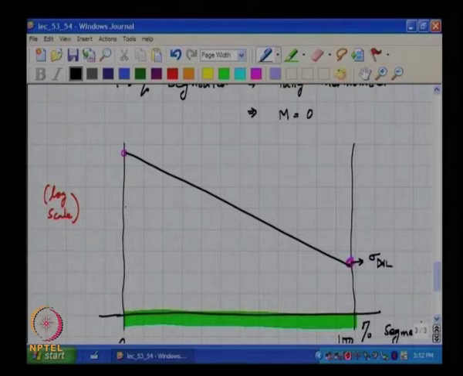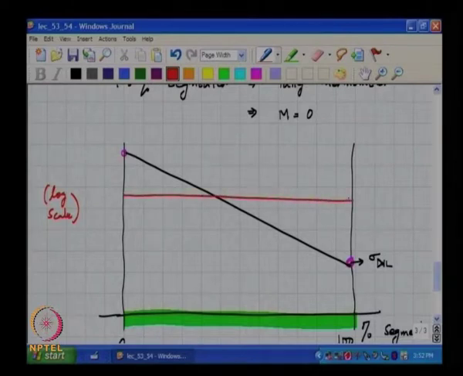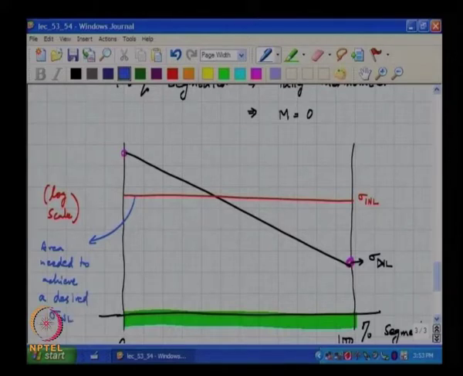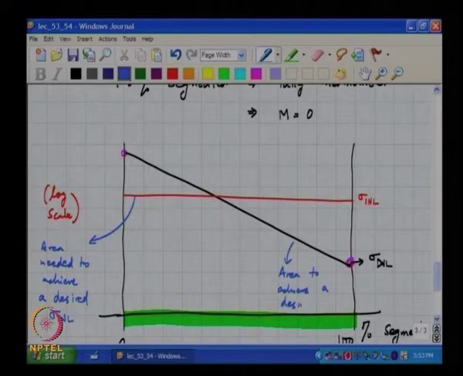Now, the INL area will therefore be something like this. So, let me write some legends here.